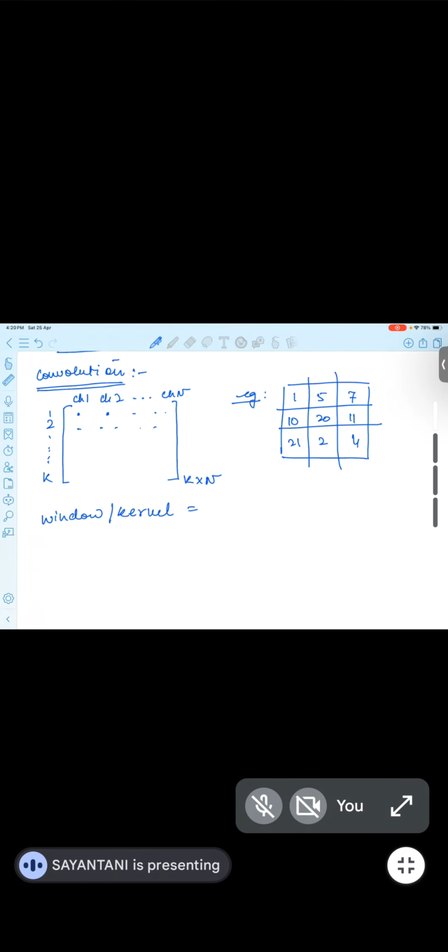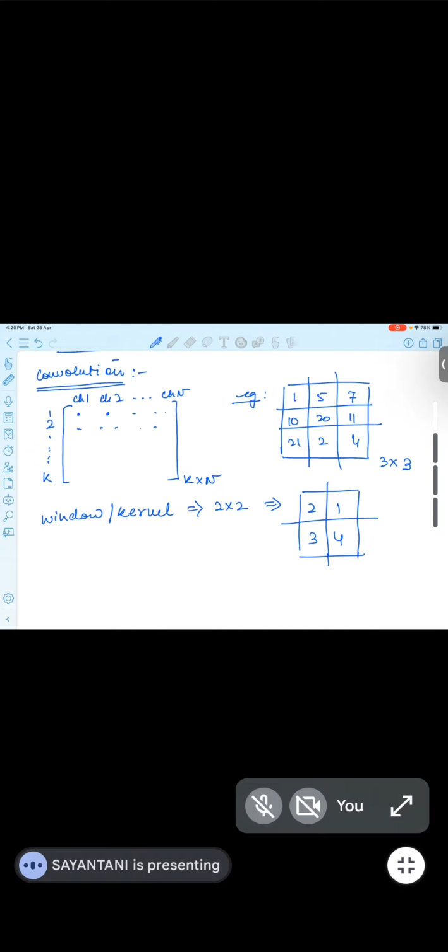Now, usually the kernel is a bit smaller size as compared to the original input. So if my input is 3 cross 3, say for instance, I'm choosing the kernel size as 2 cross 2. And as an example, I'm taking certain values. Now I have to perform convolution upon this 3 cross 3 input using this 2 cross 2 window or kernel.